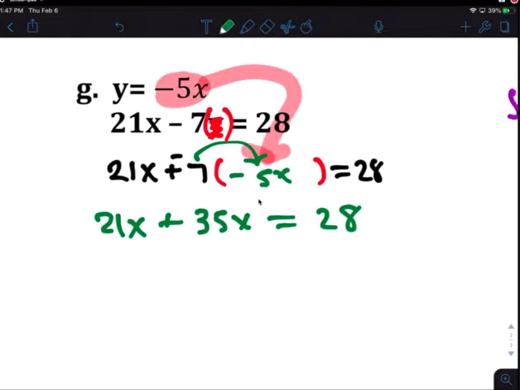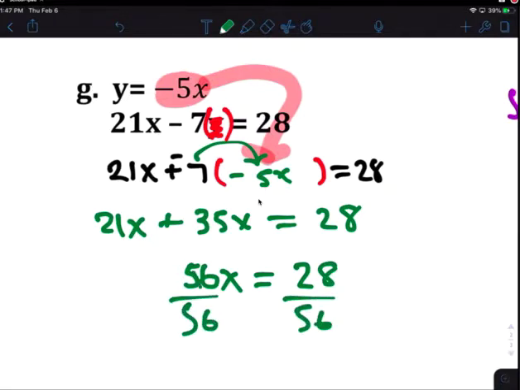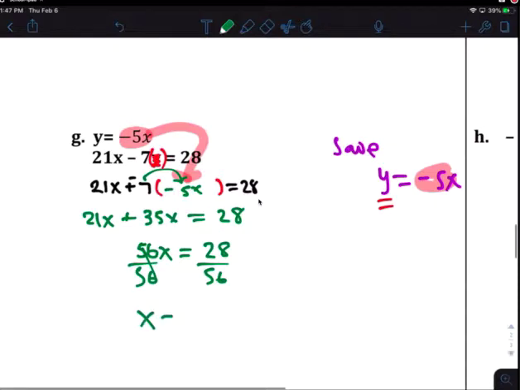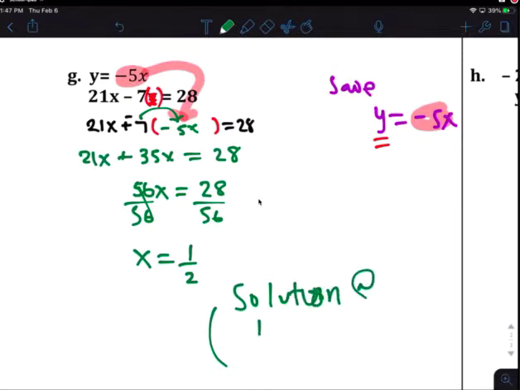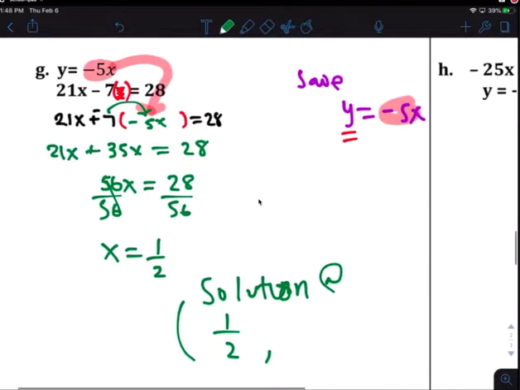Okay. That gets you 56, right? X equals 28, divide by 56. X is a half. So the solution is that means the two graphs will meet at 1/2, and we need to find y.